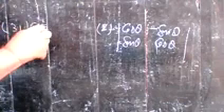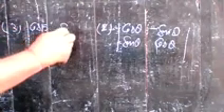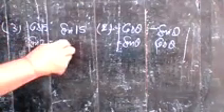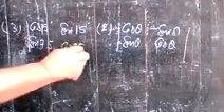Third question: determinant with rows cos 15 degree, sin 15 degree, and sin 75 degree, cos 75 degree. Solve it.